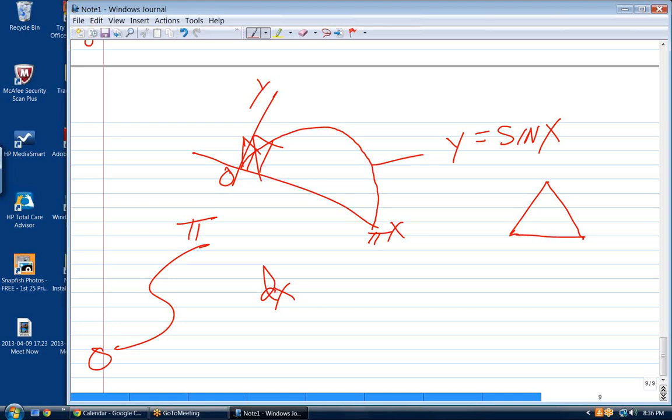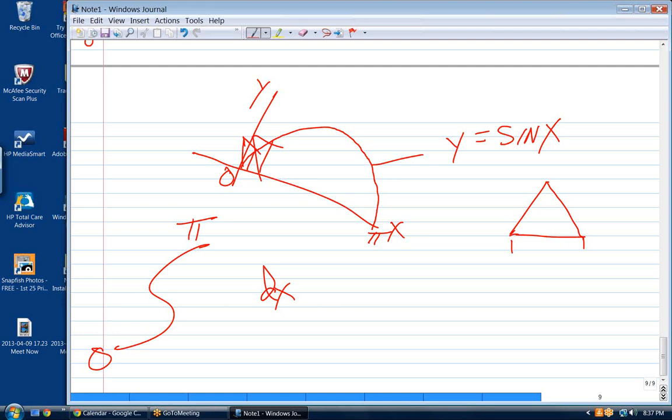What's the area of each of those triangles? It would be the function squared divided by 2.